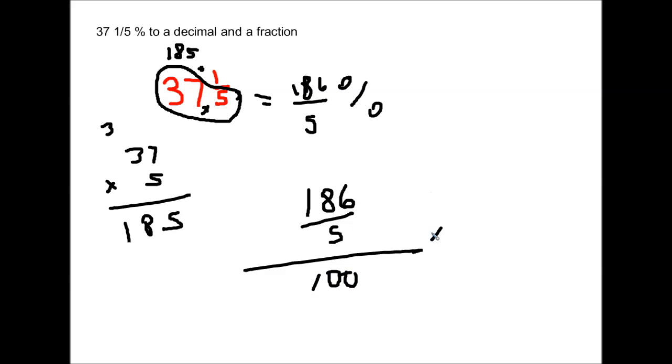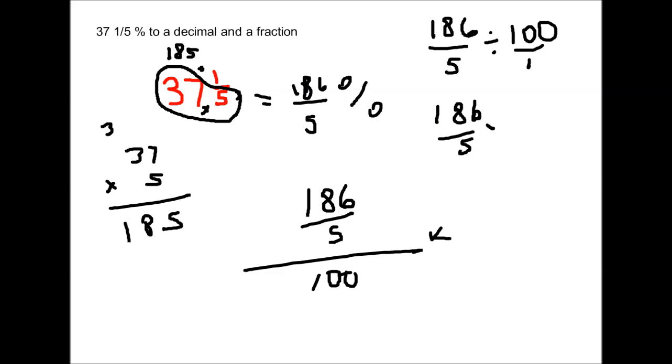What I can do with this bar here is that I know a fraction is the same thing as a division problem, so I'm going to take 186 over 5 and divide it by 100. Now I can make this into 100 over 1. When dividing fractions, don't ask why, flip the second number and multiply. So I get 186 over 500. Okay, so that is my fraction.